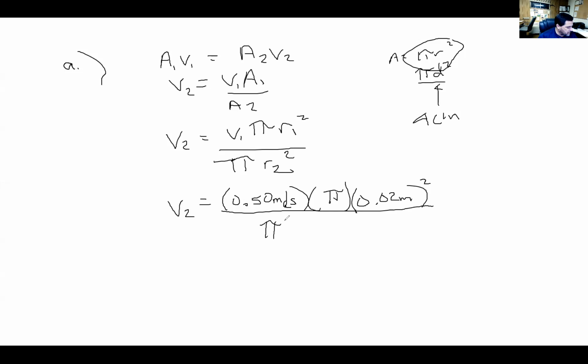The other pipe on the second floor is a 2.6 centimeter pipe, which would be a 1.3 centimeter radius if it's a 2.6 centimeter diameter. If I convert that to meters, I end up with 0.013 meters. So just be careful on a test. If I give you pipe diameters instead of radii, you need to know how to convert that. So then V2 is going to be 1.2 meters per second.